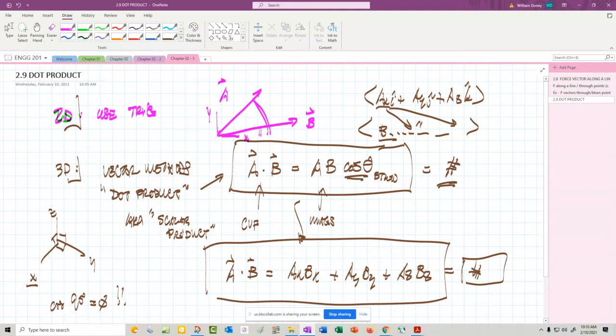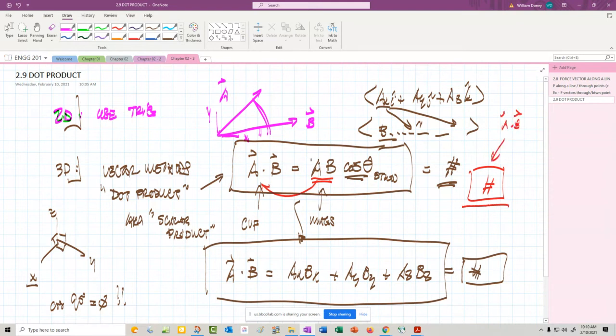Now, since that comes out to be a number, here's where we can do something else that's kind of cool. Well, I don't know if math is cool, but you get the idea. We can take that magnitude that we just found, here's the magnitude we just got, I'll put it in a box, and that's the A dot B right there.